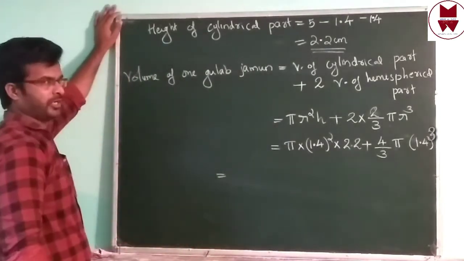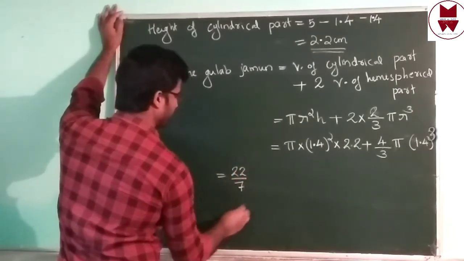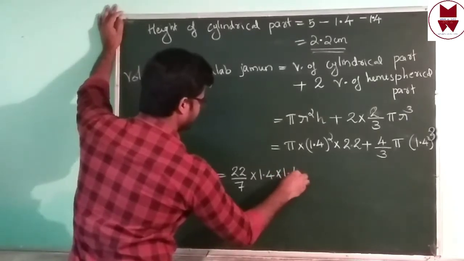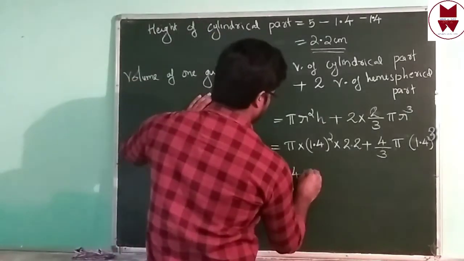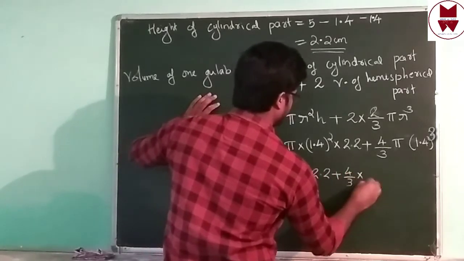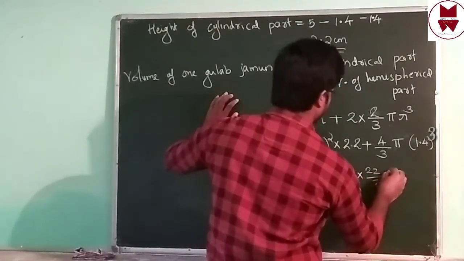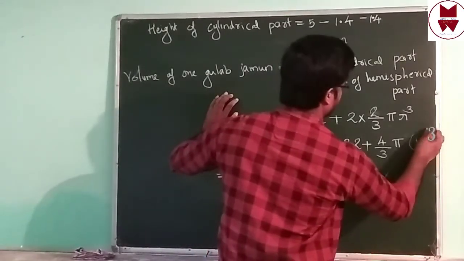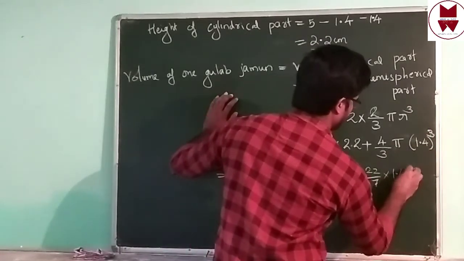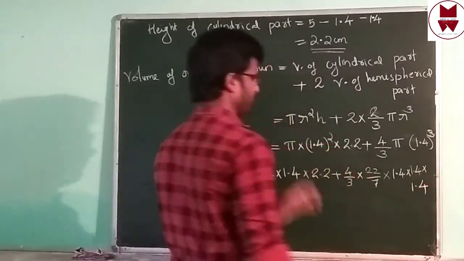Equal to, pi value we can give as 22 by 7 into 1.4 into 1.4, then 2.2, plus 4 by 3 into 22 by 7 into 1.4 into 1.4 into again one more 1.4.